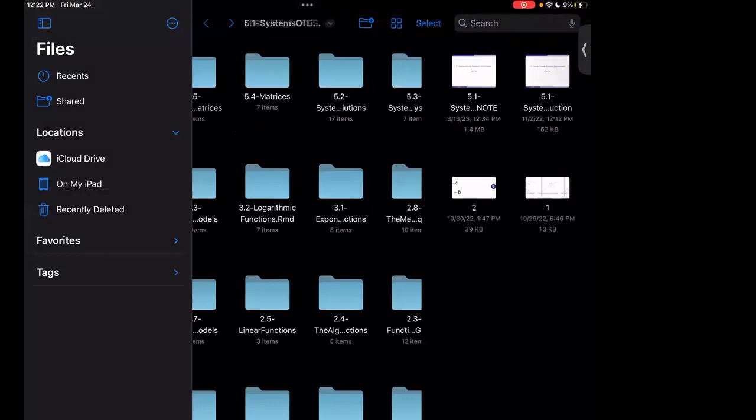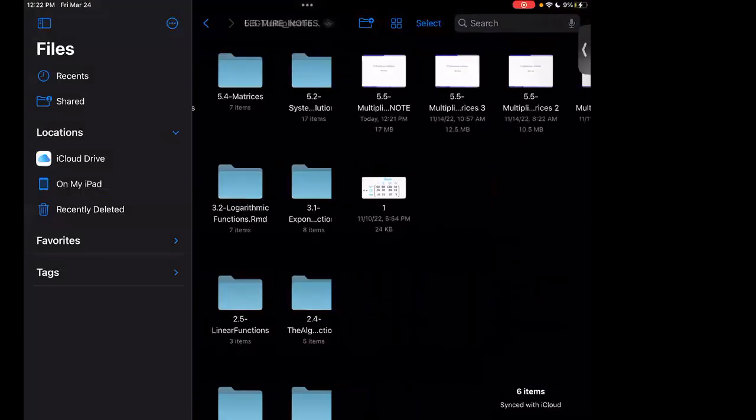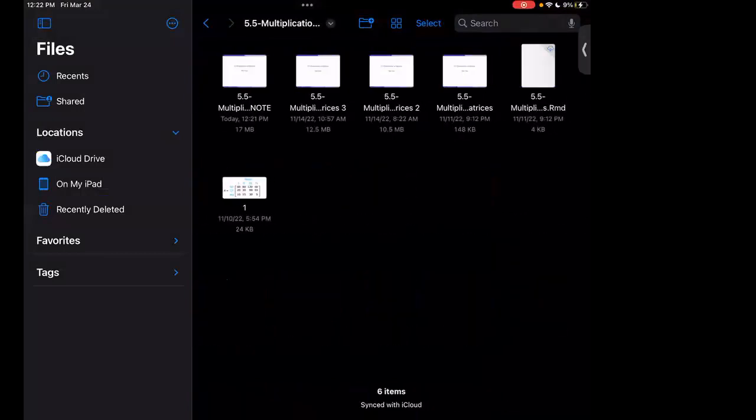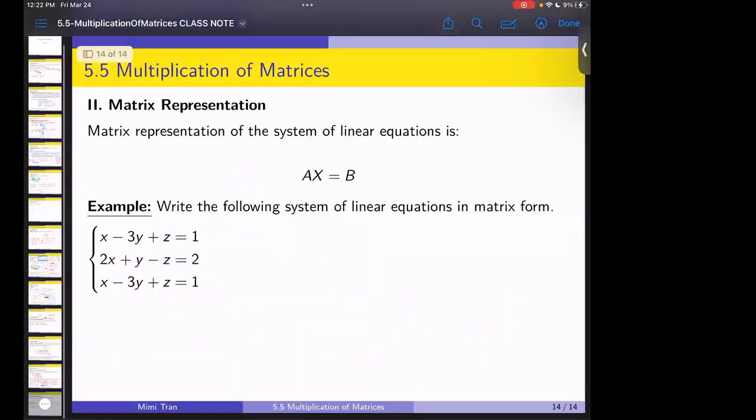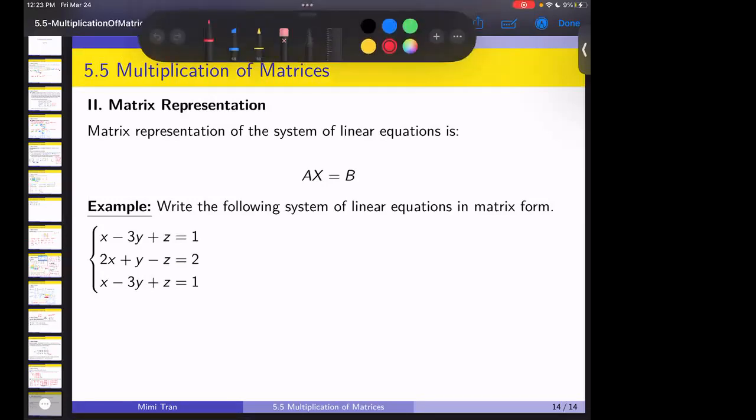Now I'm going to introduce you to another one. Let me go back to my section 5.5. I know it's only one slide here. Another way to solve for x is by matrix representation. Matrix representation of a system of linear equations is in this form: AX equals B, where A is your coefficient matrix.